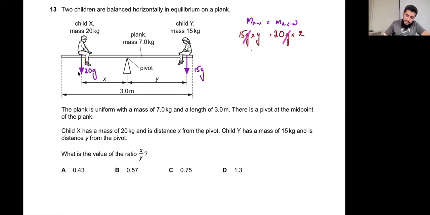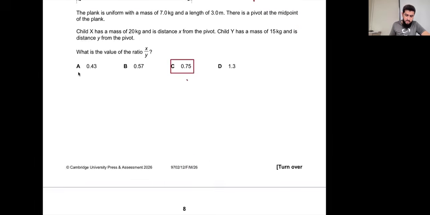For the value of x upon y, I'll have to do 15 upon 20 is equal to x upon y, which means 5 3s are 15, 5 4s are 20, 3 upon 4, which is equal to 0.75 as a decimal. The answer is C.